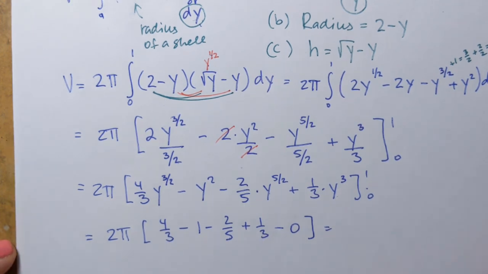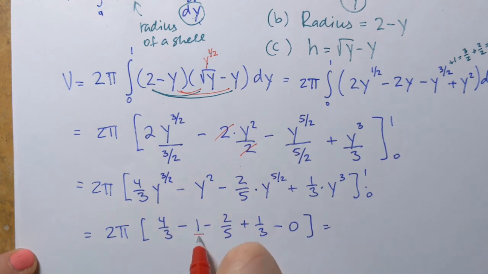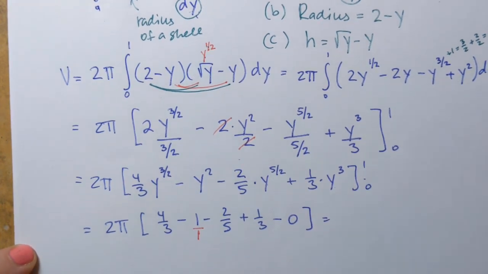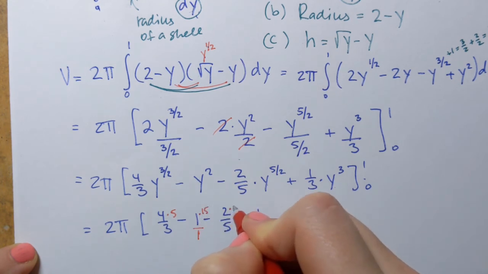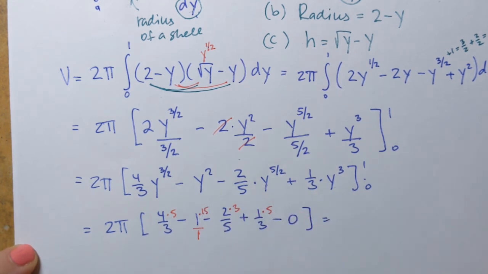And I should be able to combine all those fractions. Let me just right away think about the LCD. So I'll put 1 over 1. The LCD is 15, right? So times 5, times 15, times 3, times 5, and that's 0.